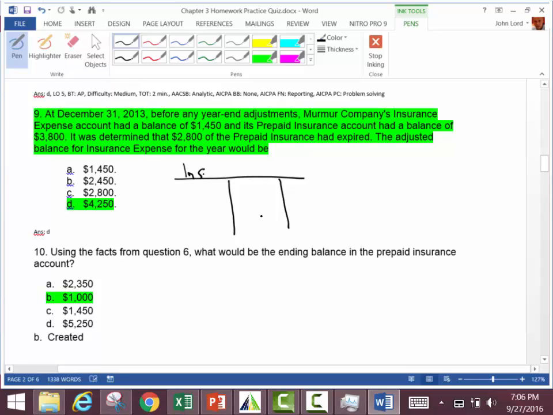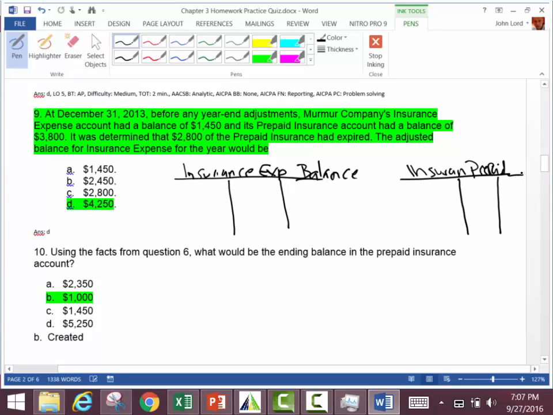So you're going to set up the insurance expense account? Okay, good. Because they gave me here that there was a beginning balance. He's setting up both the insurance expense and the prepaid insurance.